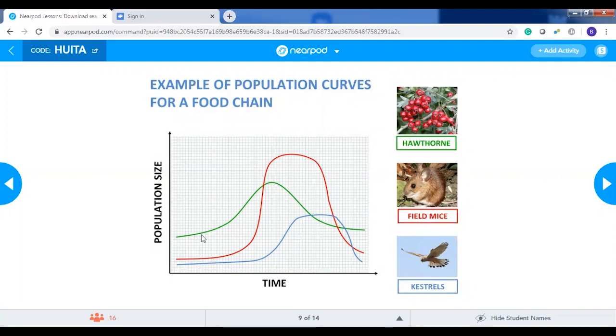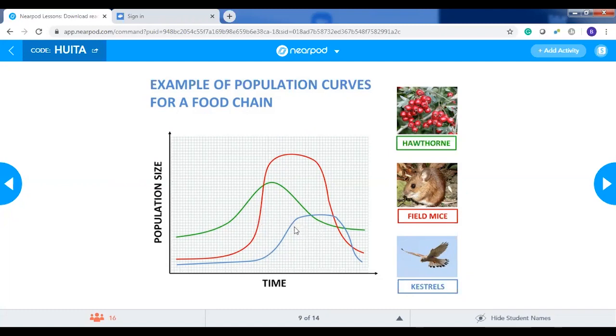In the increase at the beginning, if we see here, first it is the population of the producer that starts to increase, and the increase of this population will increase the second population, which is the herbivore. And because there are many field mice, the kestrels will have a lot of food, so the third population will start to grow.